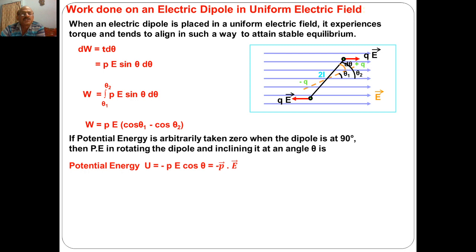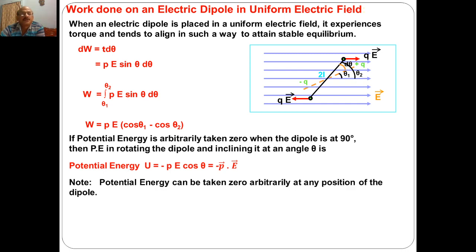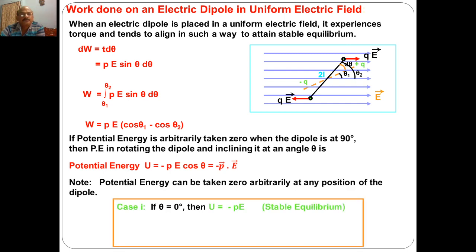Now the minimum potential energy will be if the dipole is at angle 90 degree with electric field. So if we take initial, that is theta 1 as 90 and theta 2 as theta, then potential energy U equals minus pE cos theta, that is minus p dot E. Now if theta equals 0, then potential energy will be minus pE.